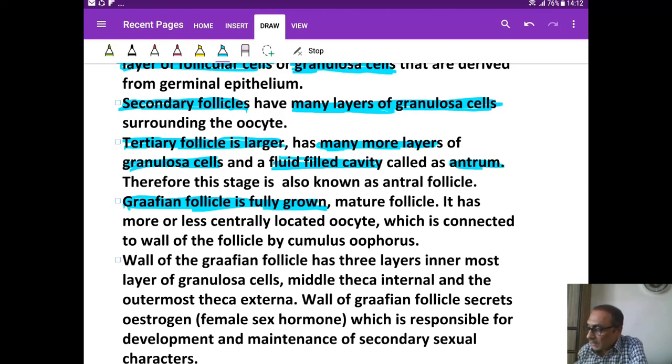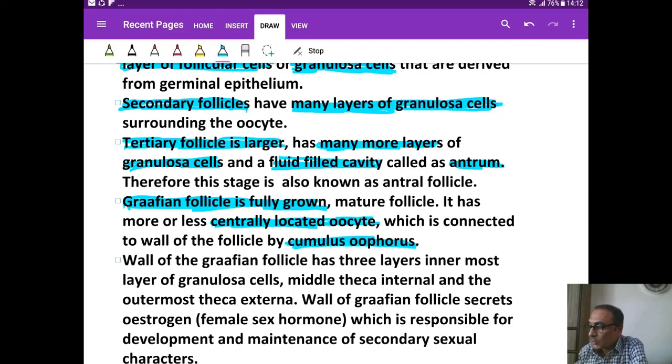Okay, this follicle has a more or less centrally located oocyte, and this oocyte is connected to the wall of the Graafian follicle by the cumulus oophorus.